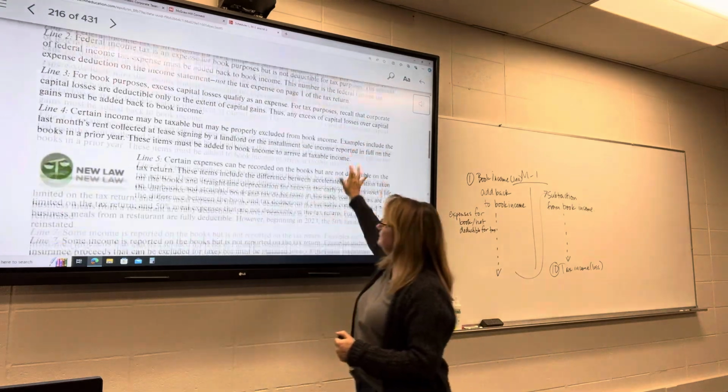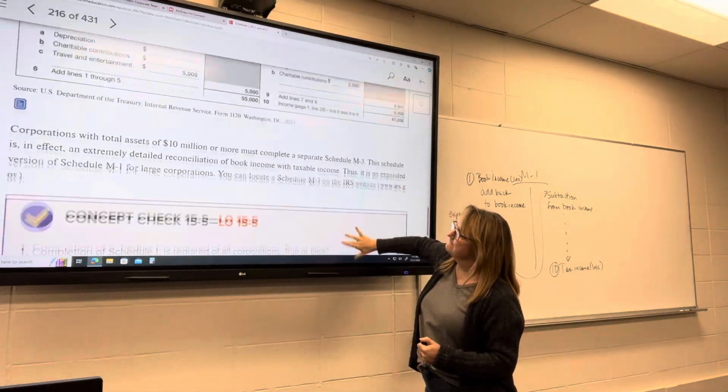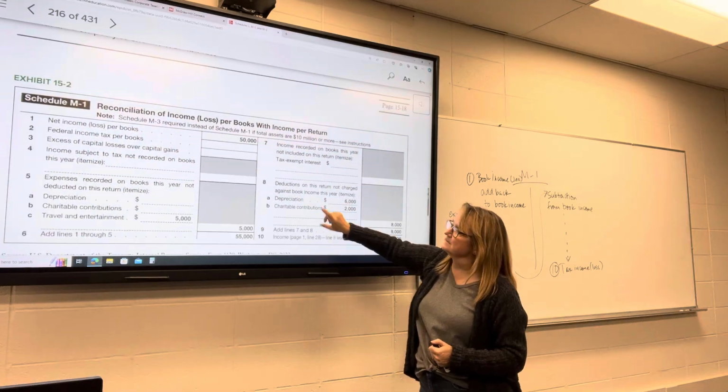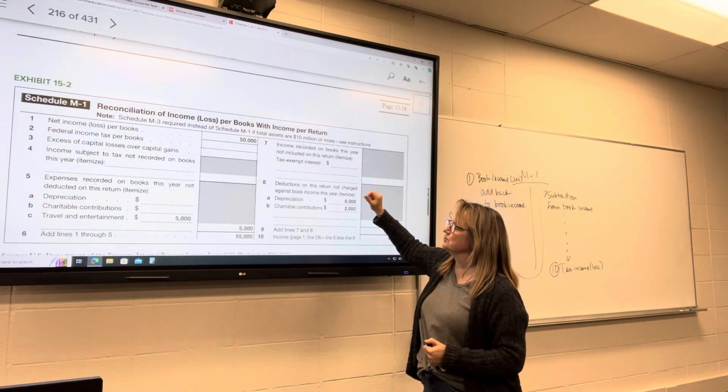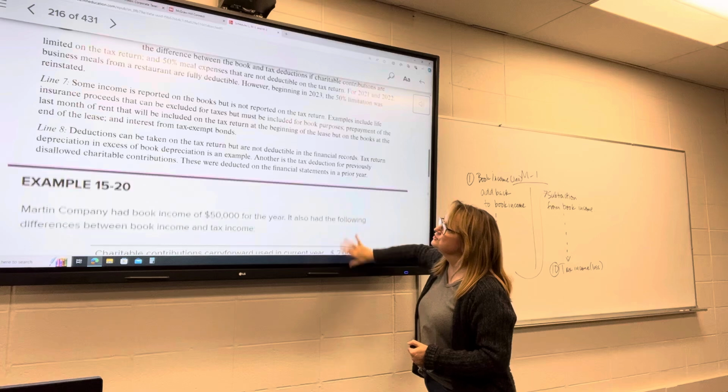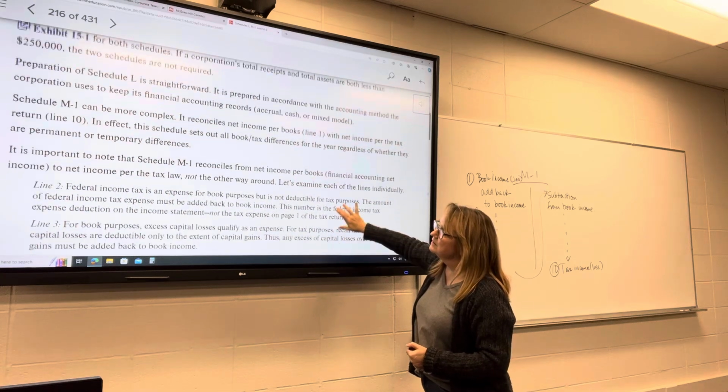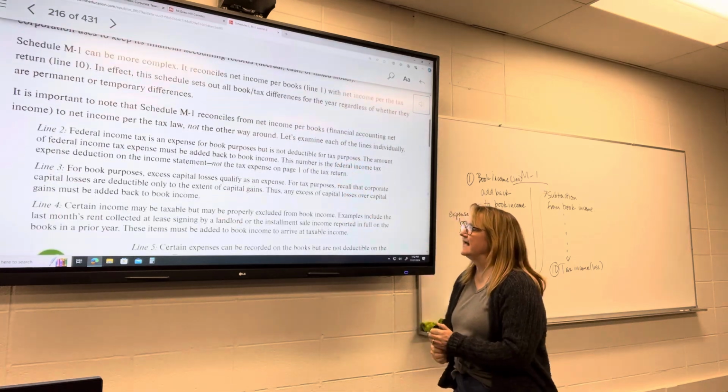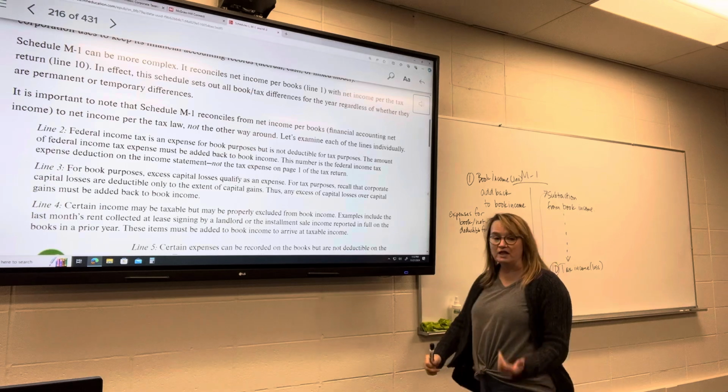Line 3, excess of capital losses over capital gains. So for book purposes, any excess capital losses would qualify as an expense.